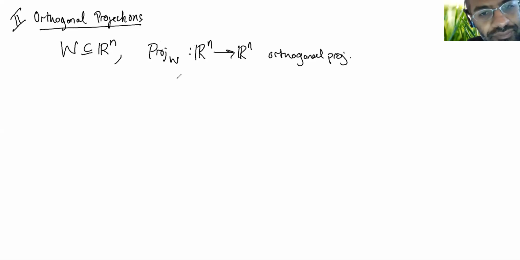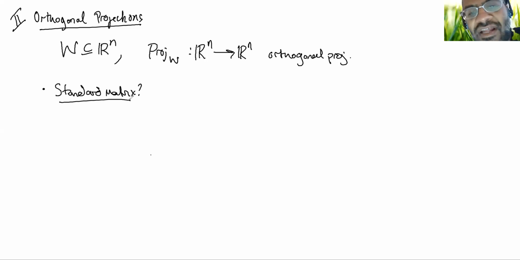I won't rehash everything about it, but one thing I want to derive is what the standard matrix looks like. This is a linear transformation, so it should have a standard matrix, which would be a square matrix. What does it look like? Well, let's derive this.